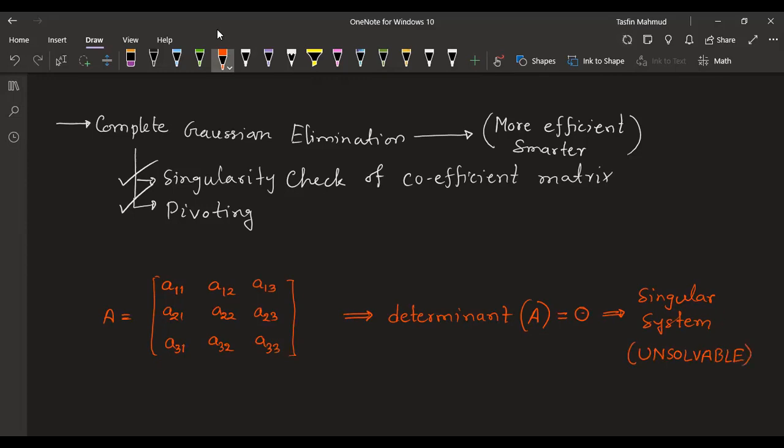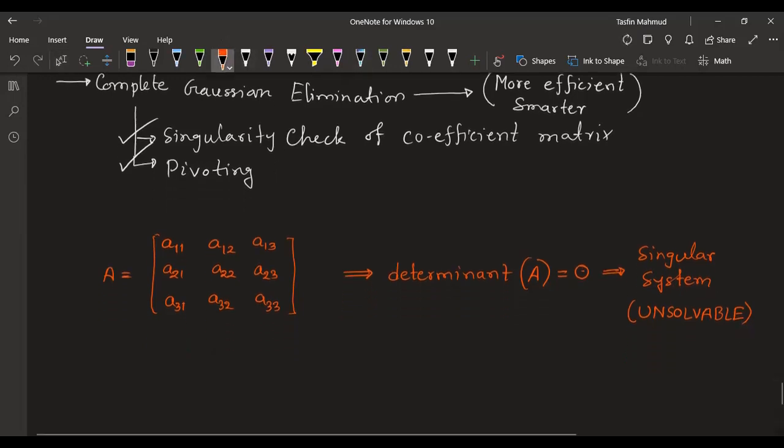Let me repeat once again what I'm trying to say. If we have 3 unknowns, we need 3 equations, right, to find the value of the unknowns.